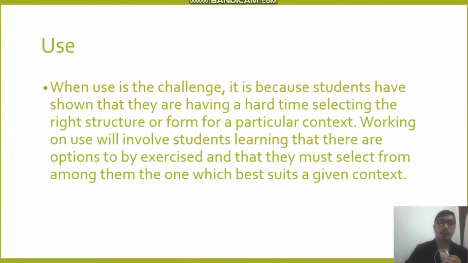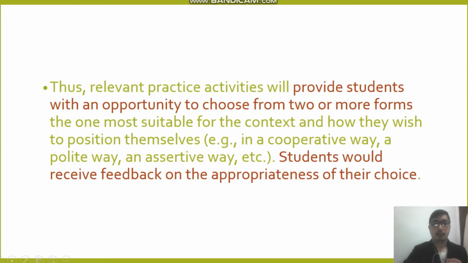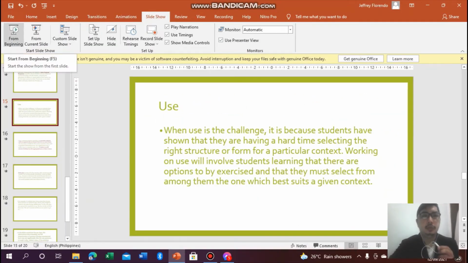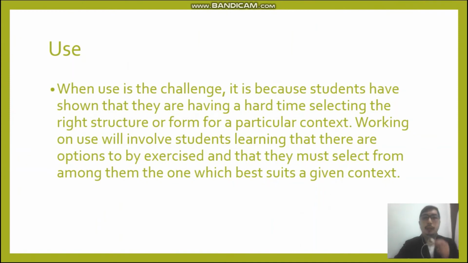Then we have the use. Let's talk about the use. When use is the challenge, it is because students have shown that they are having a hard time selecting the right structure or form for a particular context.